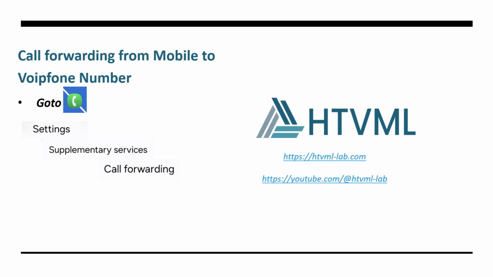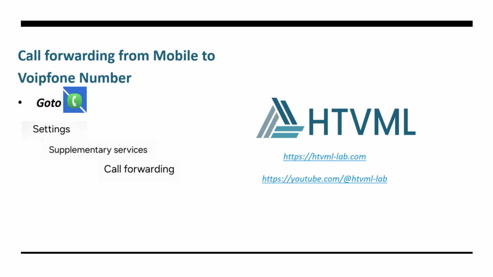Now the last step of the setup and configuration is forwarding calls between your mobile number over to Voipfone and then over to your 3CX app. The previous video, which you saw for the setup and configuration, details the whole step.